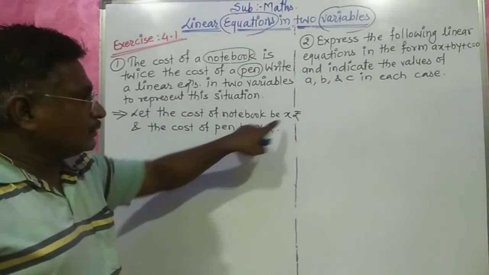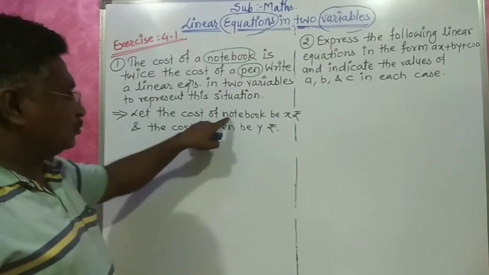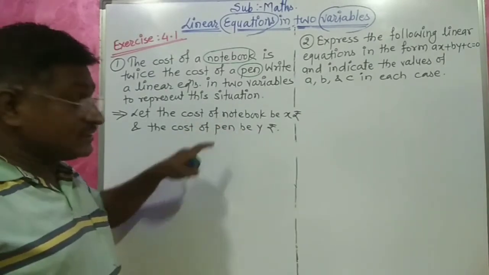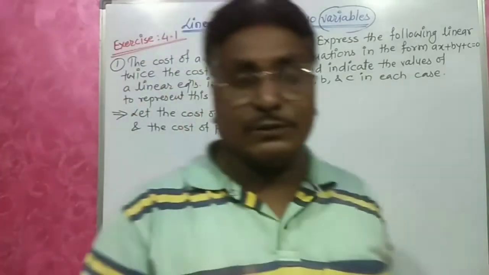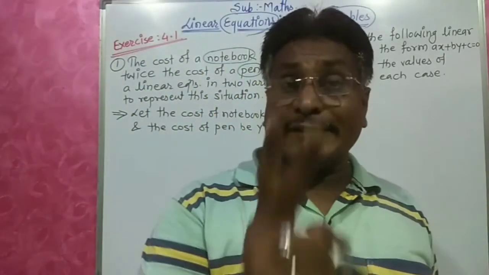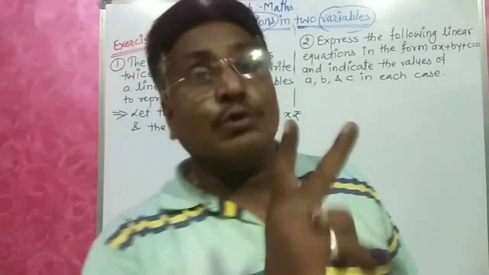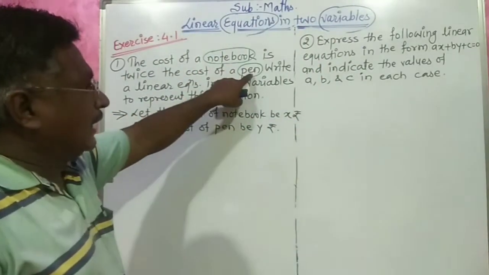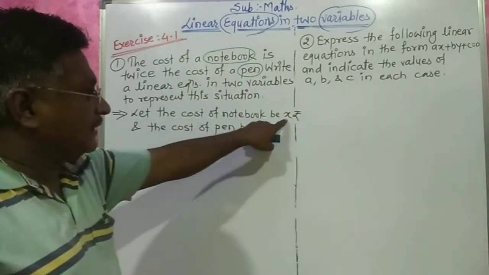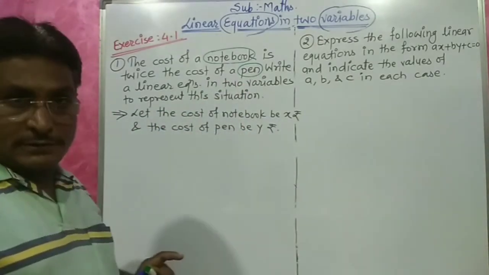We distributed two variables to two things. So this is the first thing. Whenever we form the equation, two variables have to be given to two things. So here we decided two things, notebook and pen, and we distributed variables to those things.